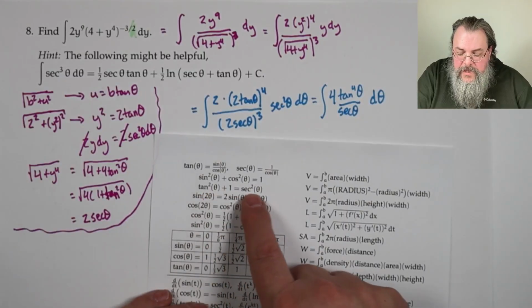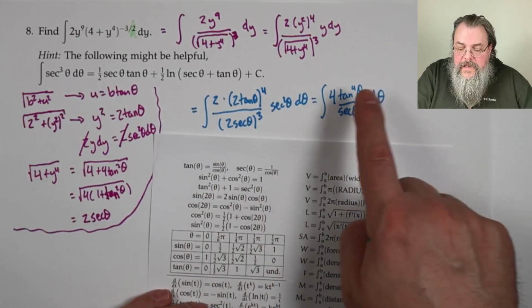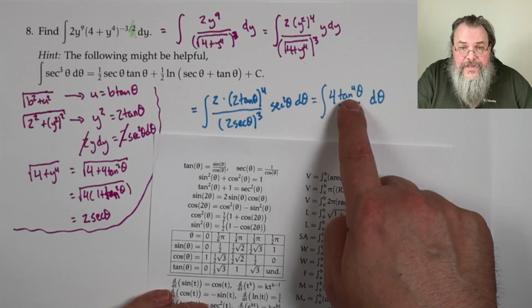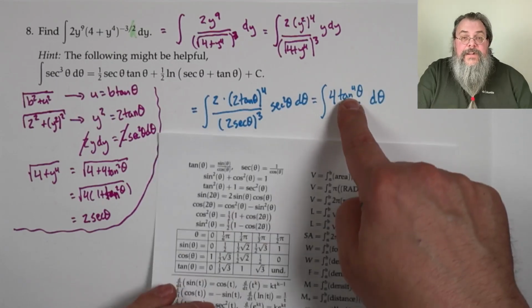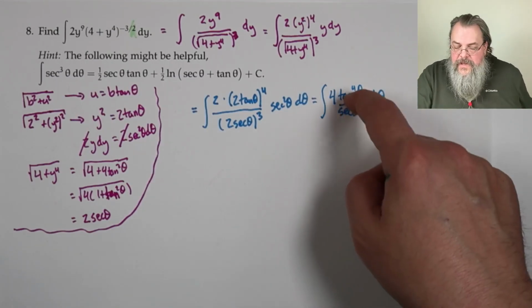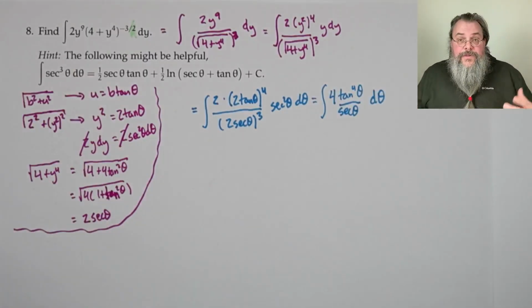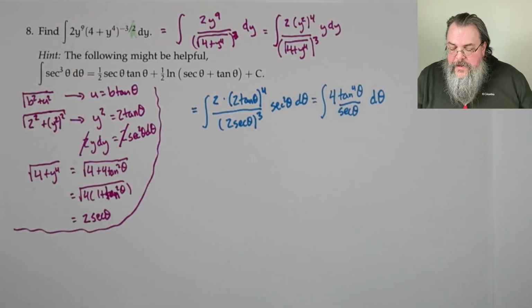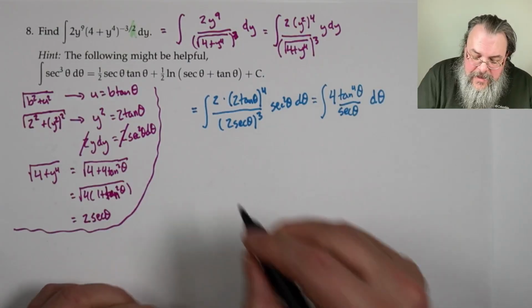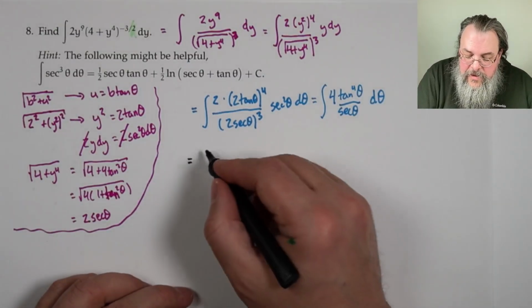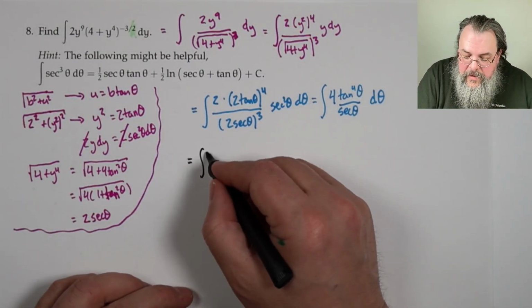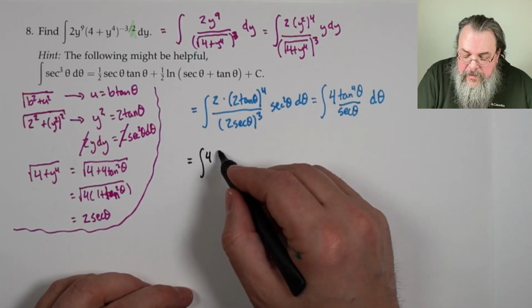Tangent squared plus 1 equals secant squared. Let's use that to replace the tangents in terms of secants. And let's see where that gets us. I'm thinking of that because I want to get to secant cubed so that we can use the hint. And it'd be good to use the hint. It's like they want us to succeed. So a little bit slowly, let's get there step by step.